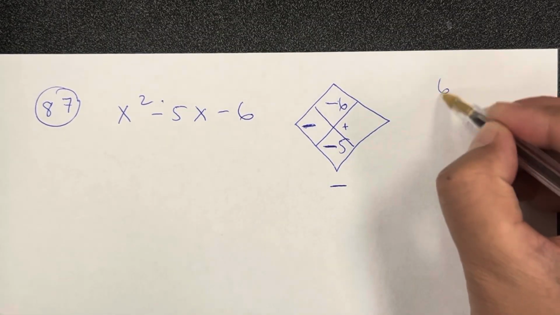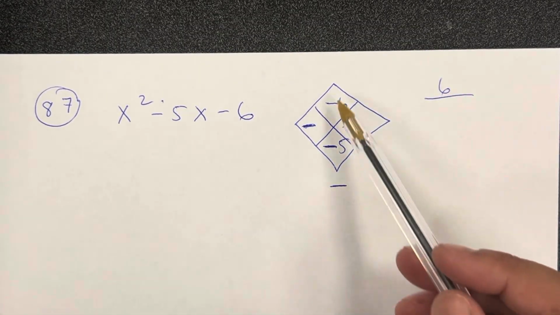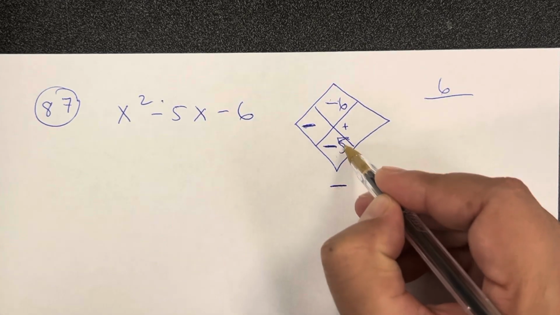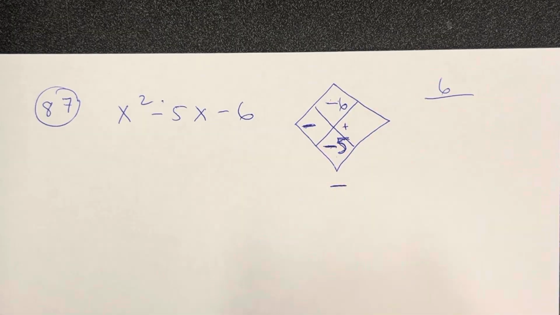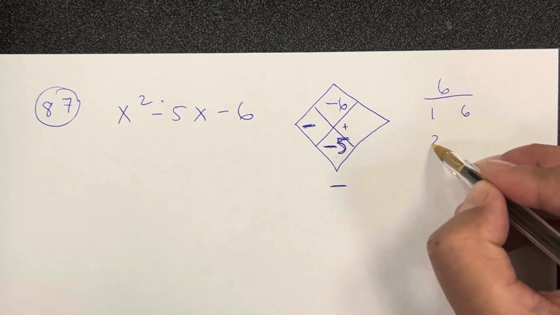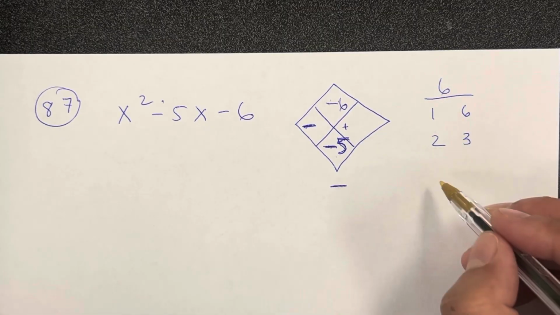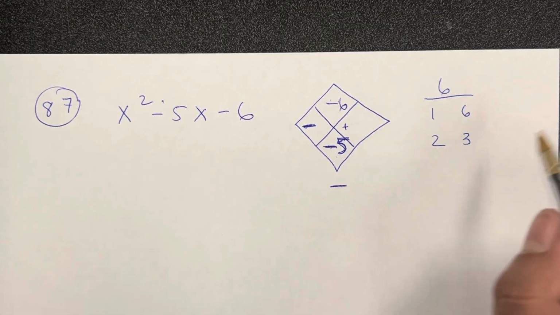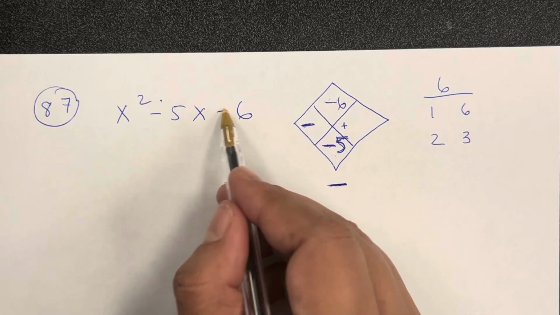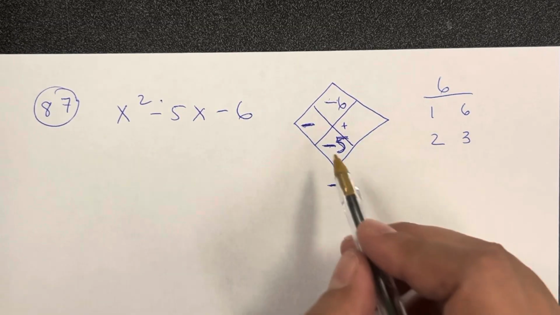So what are factors of 6? I'm not going to pay attention to the signs right now. I just need to know that they subtract and that it has to give me a 5. So I have 1 times 6 is 6, 2 times 3 is also 6, and that's all. Which ones subtracted give me 5?